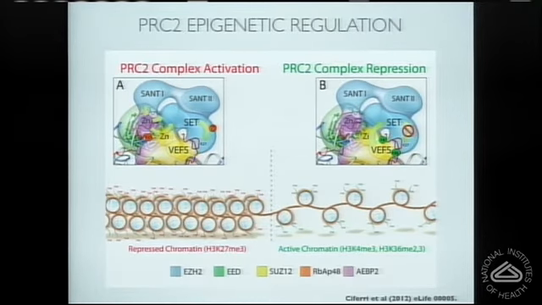So this is the Webb's domain that is placed very close to the set domain, where the histone tail will be tri-methylated. If this histone tail contains positive markers for transcription, the Webb's domain will inhibit the activity of the set domain in this tail.